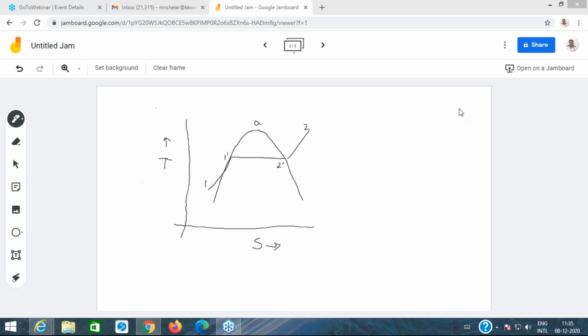Okay. So the boiler which I am considering for the power plant is a subcritical boiler. It means that the pressure of the boiler is below the critical point. Are you getting the point?